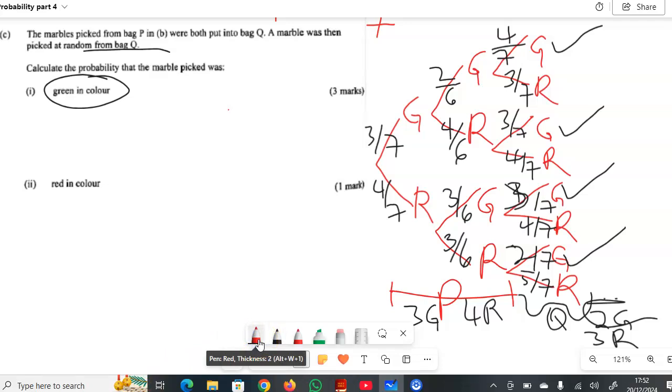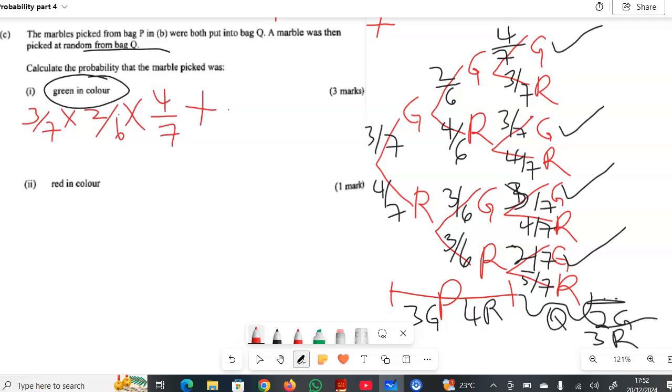So we are going to have the first one, green, that is 3 over 7 times 2 over 6 times 4 over 7.